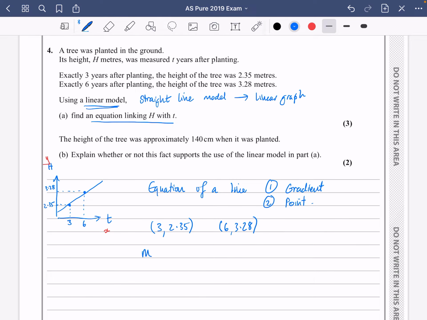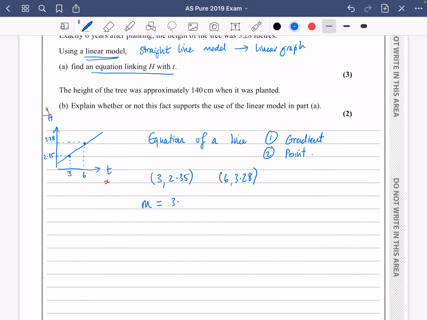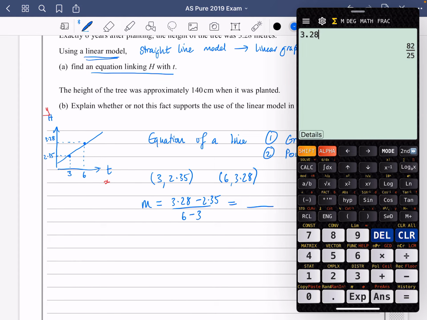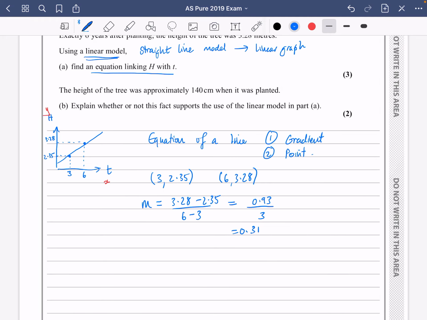So first of all, I'm going to find the gradient by doing the change in h, or the change in y, which is 3.28 minus 2.35, divided by the change in x, which is 6 minus 3. The numerator will be 3.28 minus 2.35, which is 0.93, and 6 minus 3 is 3. So I'm going to divide that answer by 3, which is 0.31. That means that the gradient of the line is 0.31.